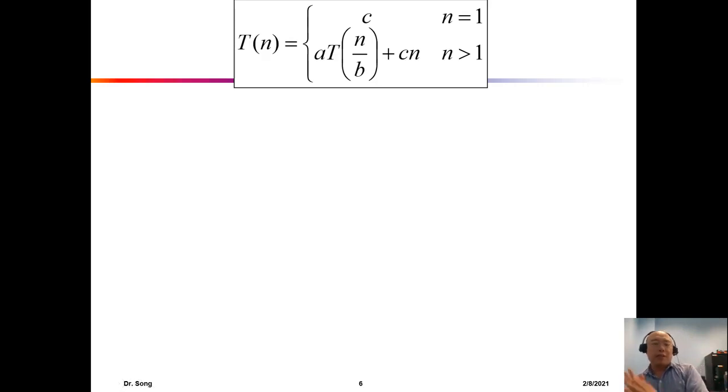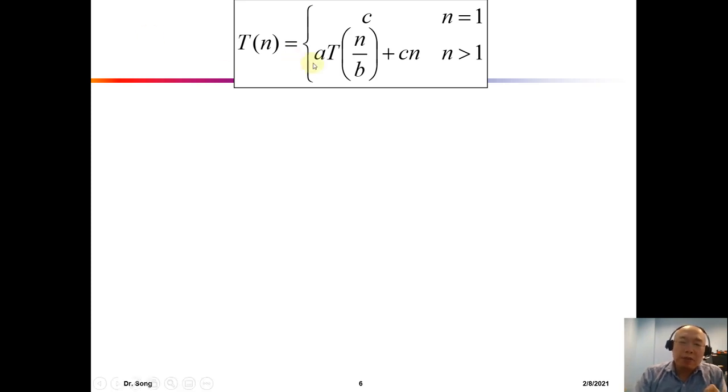So let's see. If we want to put a recursion into a general form, there are a, b, and c. If the problem size is 1, then the cost will be constant. Otherwise, the problem will be divided into several parts, and then we want to put them together.